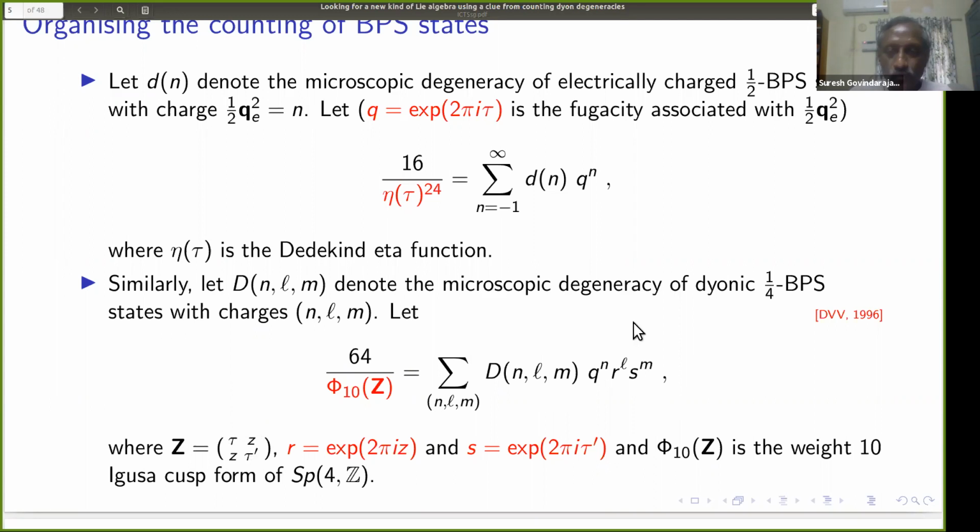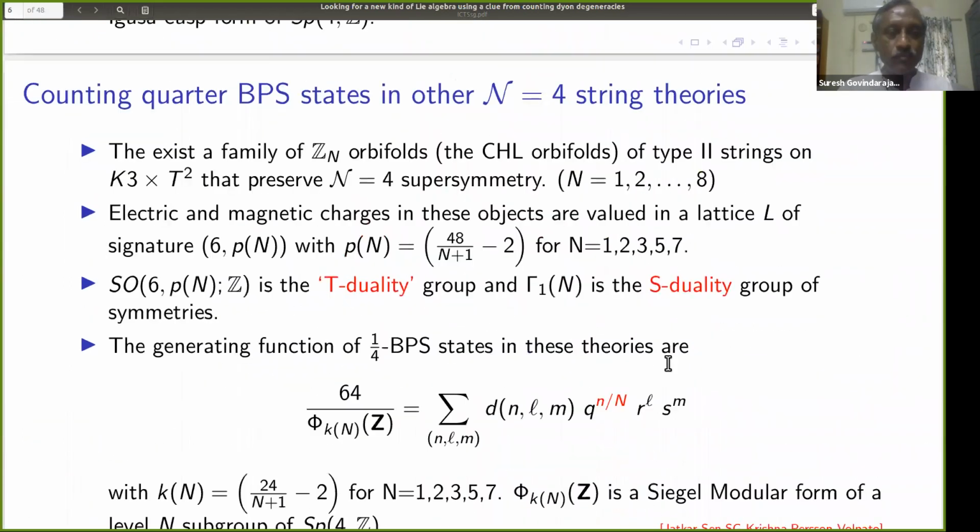Okay, so from the stat mech viewpoint, q, r, and s are fugacities for the charges n, l, and m. Okay, so this was miraculous. I don't know how they even wrote this thing. They just showed that it worked, and it took many years, probably more than a decade, for somebody to actually derive this formula, and that was done by Justin David and Ashoke Sen, at least a physical derivation.